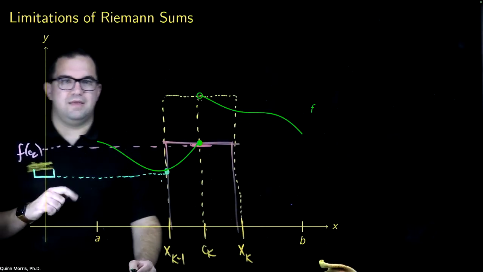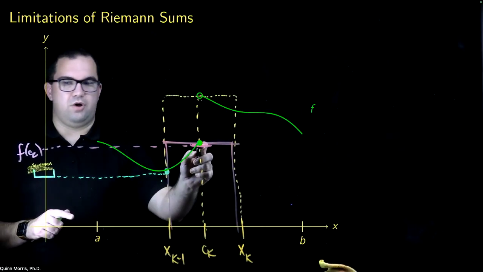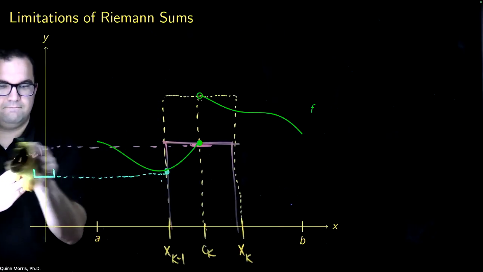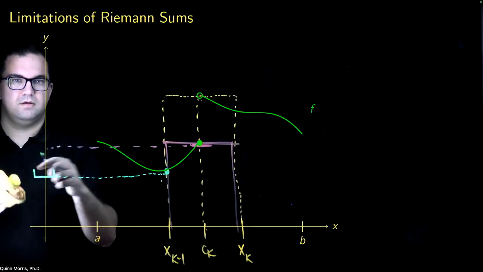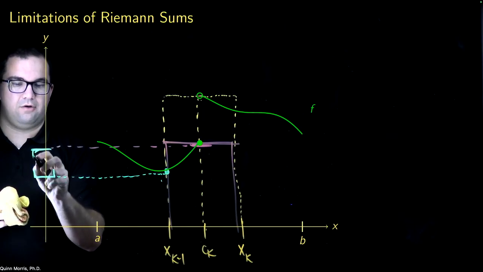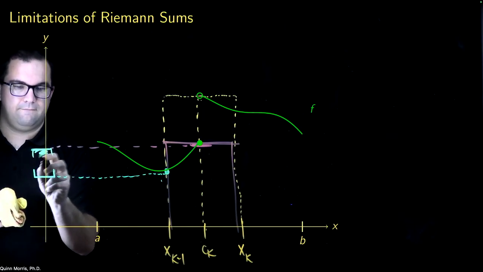And then I get all the values between here up to this f of c sub k. If I come over here, I get out all the values up to here, and I do get out this value.